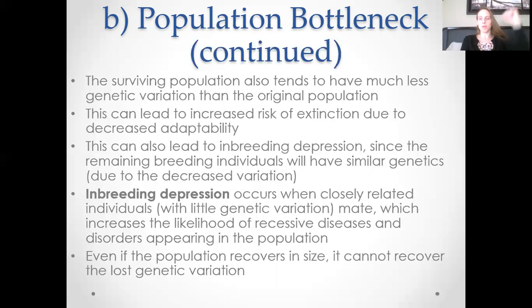In wild populations, it certainly happens. But yeah, inbreeding depression is when you start seeing those recessive diseases and disorders become more and more common because you don't have enough dominant alleles to cancel them out.